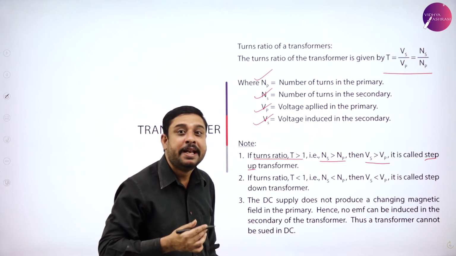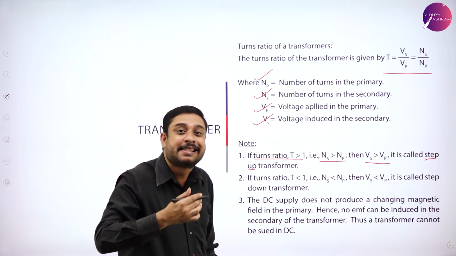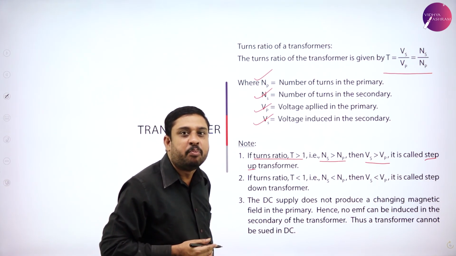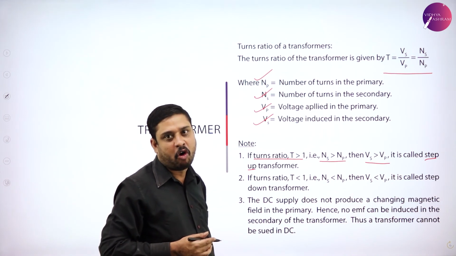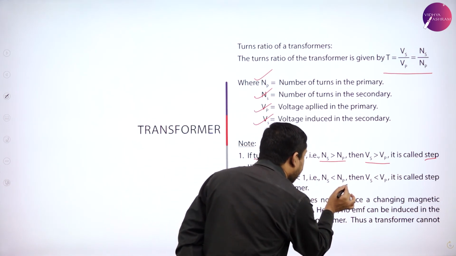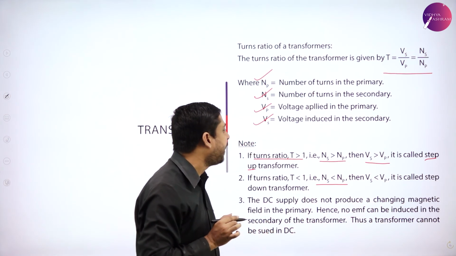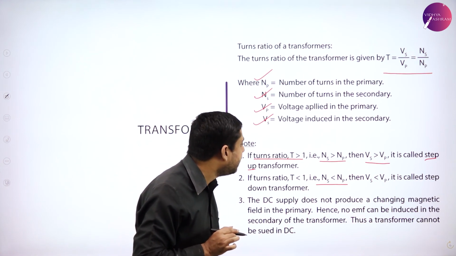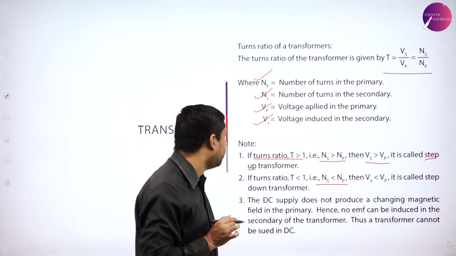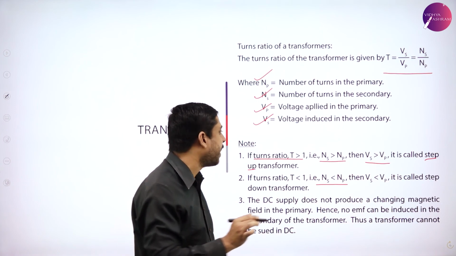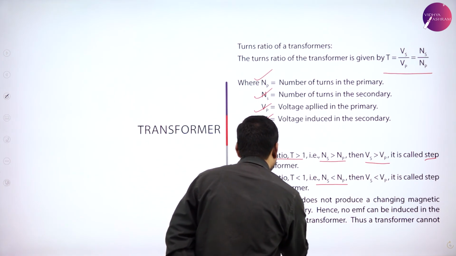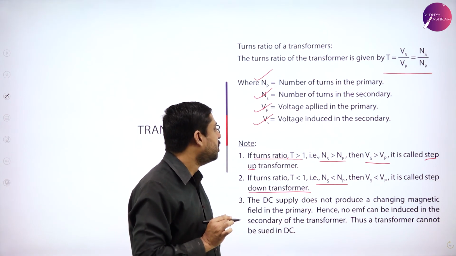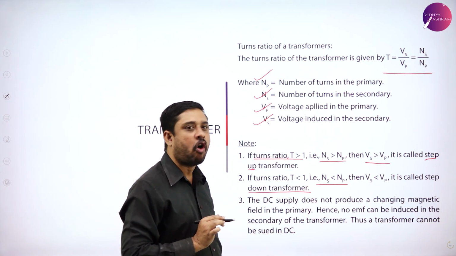Step up. The number of turns in the secondary coil should be greater than the number of turns in the primary coil. If Ns is less than Np, the number of turns in the secondary is less than the number of turns in the primary, it is called a step down transformer, and these are the two types of transformers.